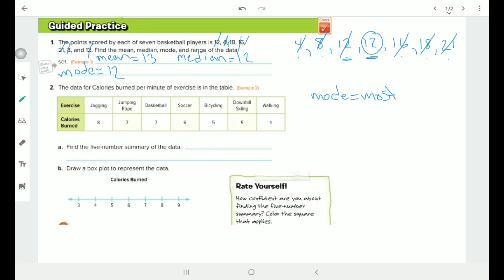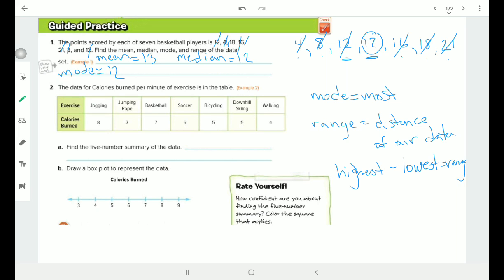And finally, we have one last thing, and that is the range. Our range is just the distance of our data. How far does our data extend? To figure out the range, we take the highest value and subtract the lowest value. And that will give us the range of our data.